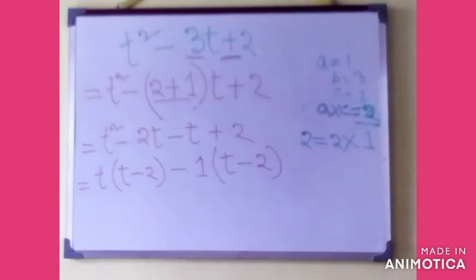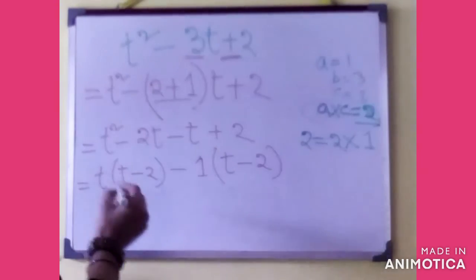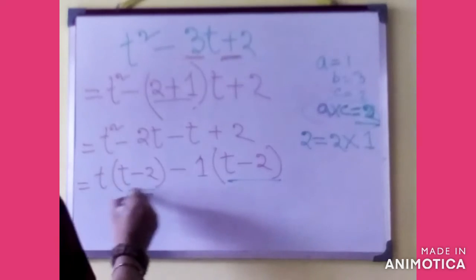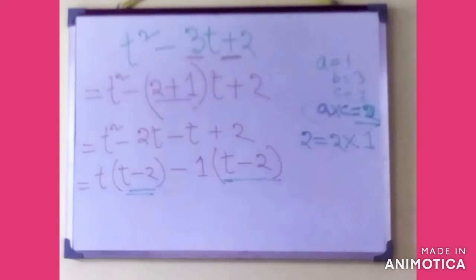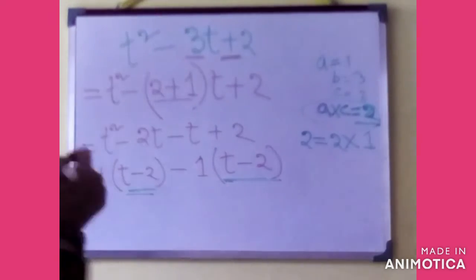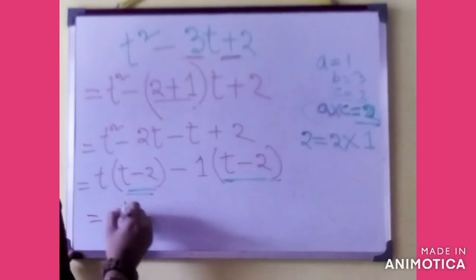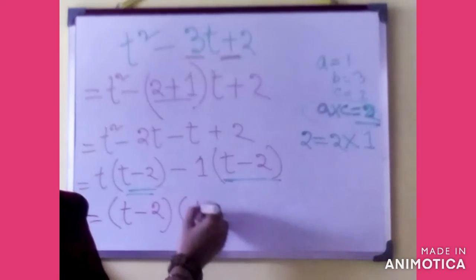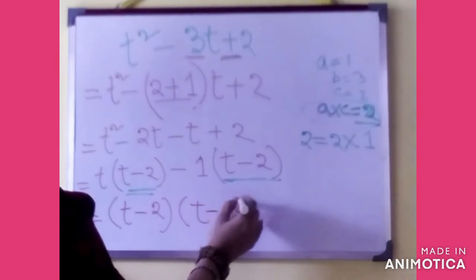And now see, in both the cases the term t minus 2 is common. So I am taking t minus 2 as a common factor, and then I am getting t minus 2 into t minus 1.